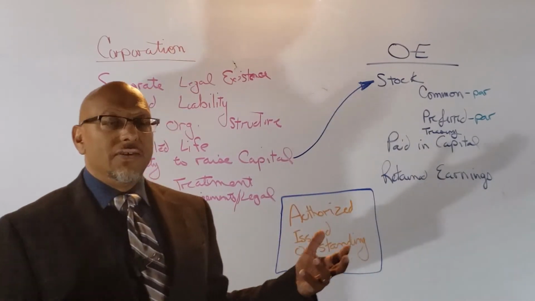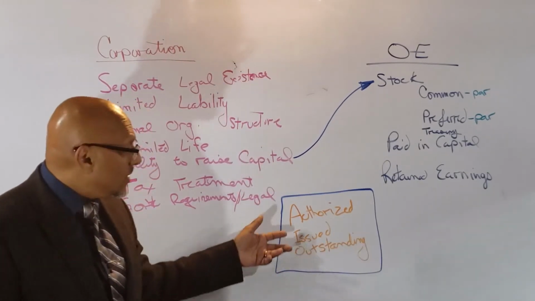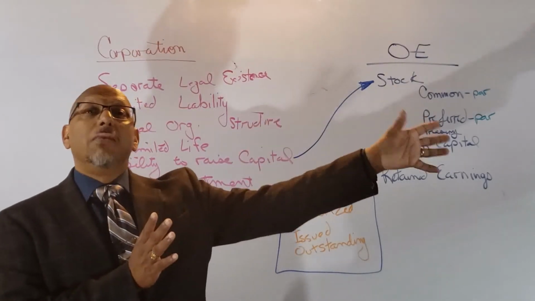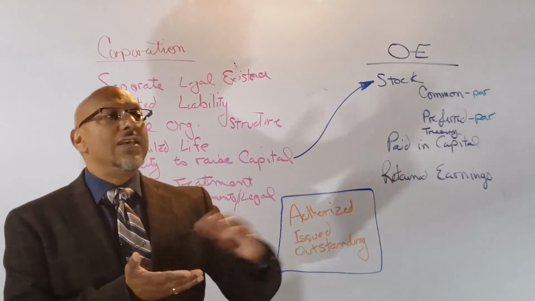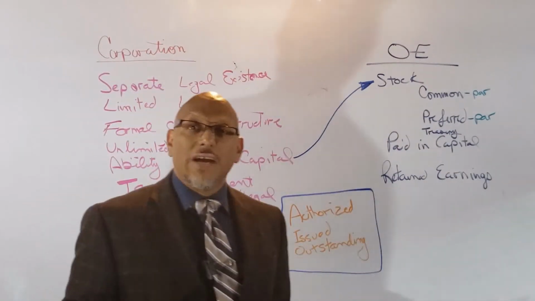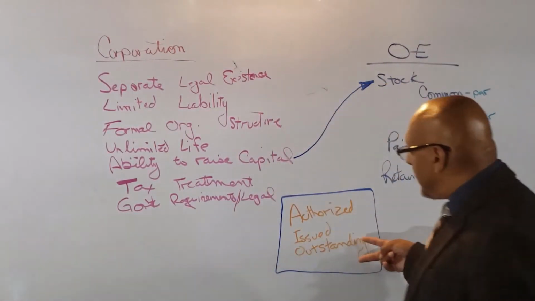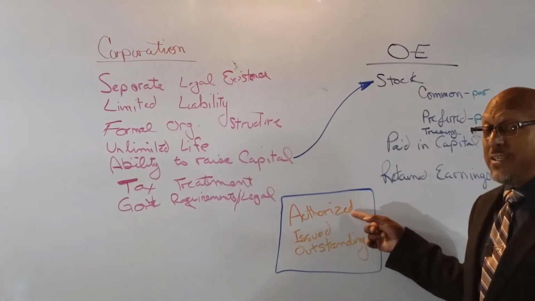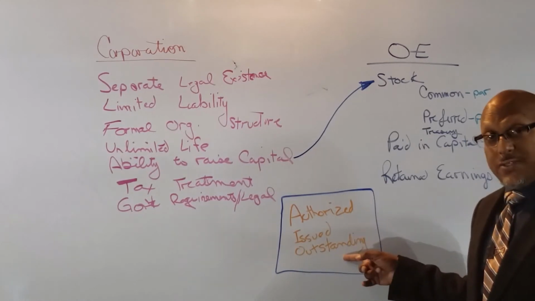So 500,000 shares are issued. And that usually is what's outstanding. Outstanding means what is actually in the marketplace. So if you issue 500,000 shares and people buy the shares, that means that you also have 500,000 shares in the marketplace. The trick is that these two amounts will definitely be different than the authorized. The authorized is usually a larger number than the issued and outstanding.